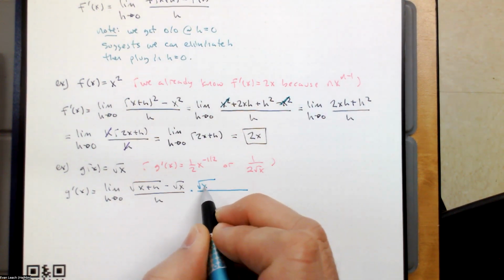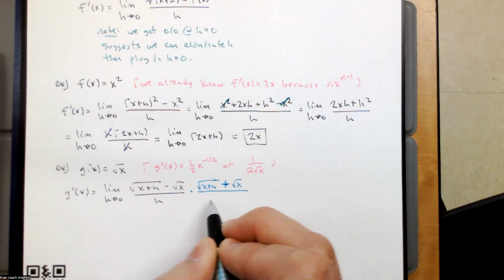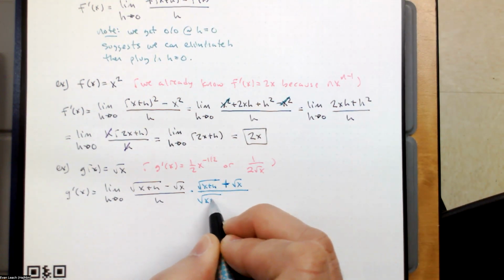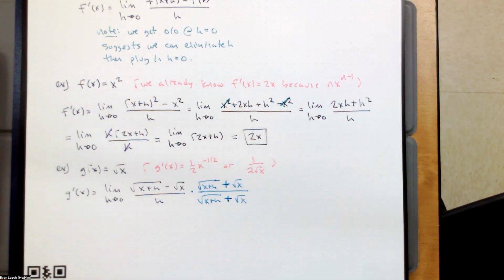If I do a square root of x plus h plus square root of x, this is actually putting the radicals into the denominator, which is okay, because it's going to pull the radicals out of the numerator, leaving h all alone and ready to get canceled.